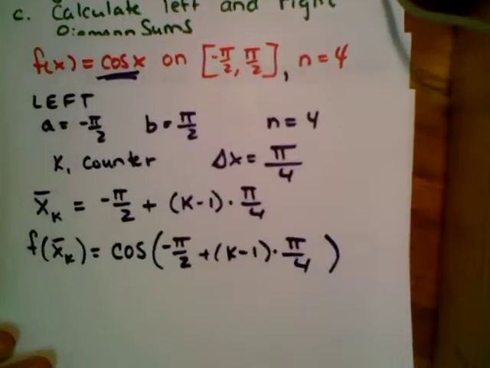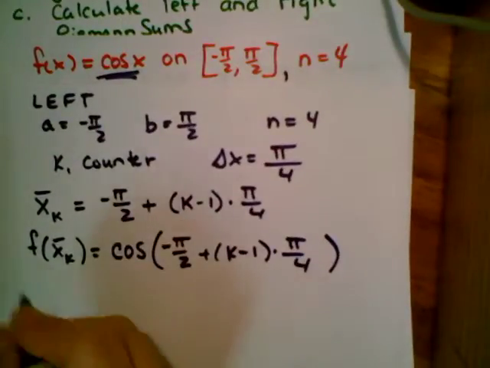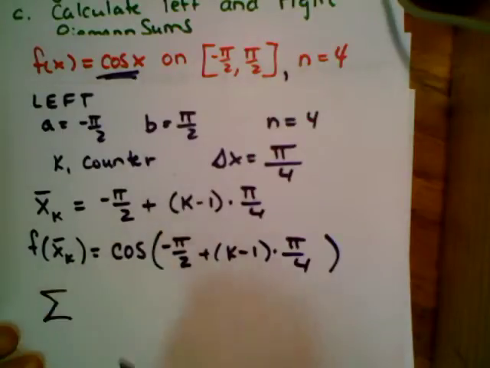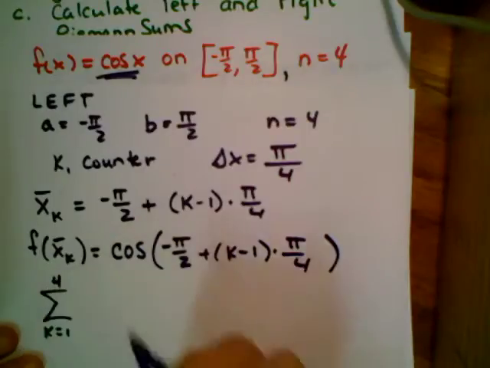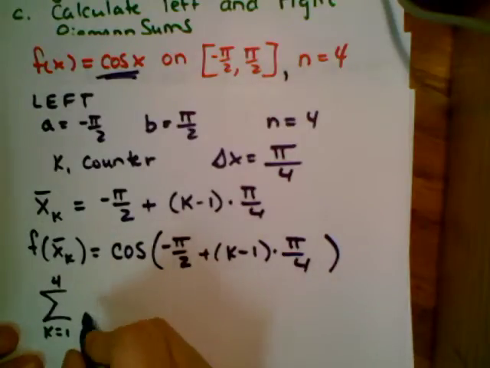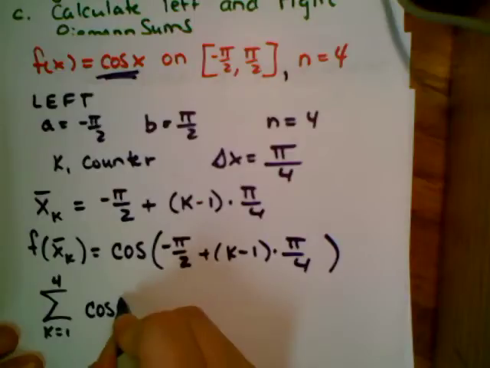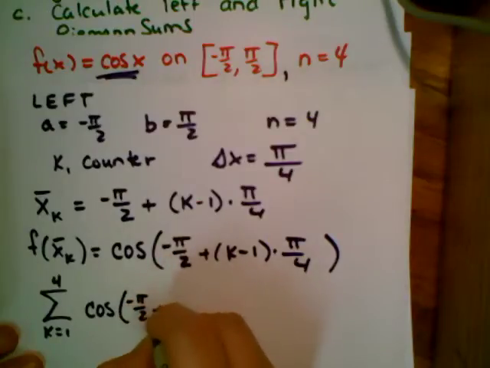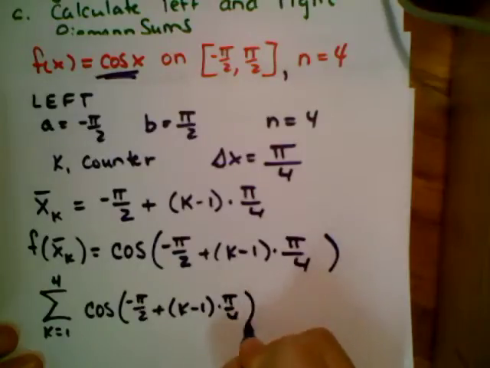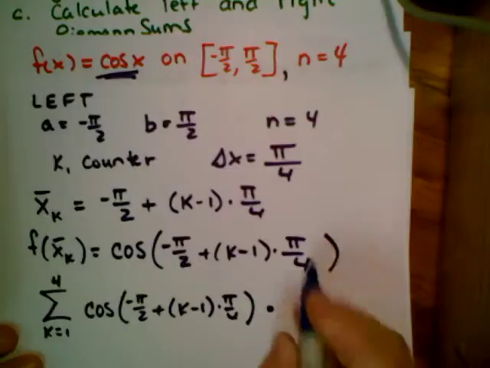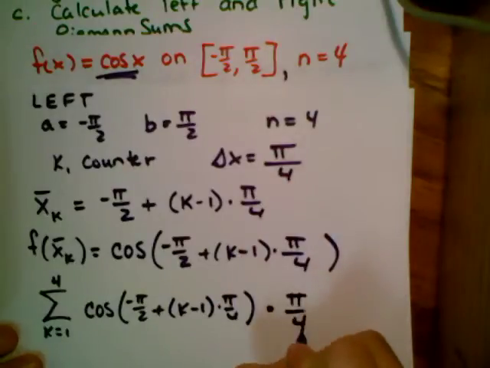And now we have the pieces of the puzzle. Our left Riemann sum is the sum, k equals 1 to n, which in this case is 4. The heights of the rectangles are cosine evaluated at the sum above, up here. But we have to take that whole factor times delta x, which was pi over 4.